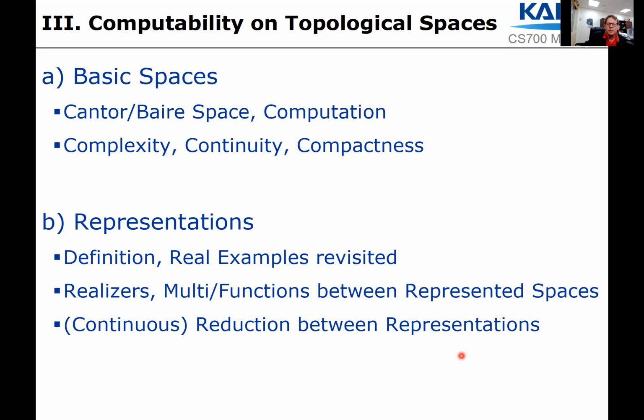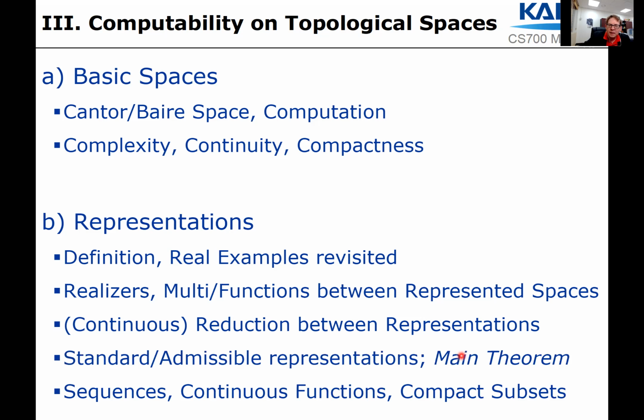And we would start comparing such encodings, such representations, by means of computable or continuous reduction. We discussed standard representations and admissible representations, and the main theorem of Kreitz and Weihrauch from 1985, showing that any topological T0 space with a second countable basis actually has an admissible and even a standard representation, and that these representations are the ones that translate continuity of functions to continuous realizers and vice versa.